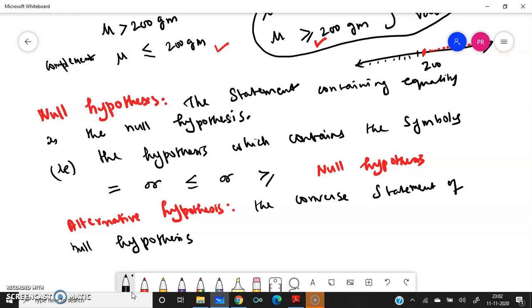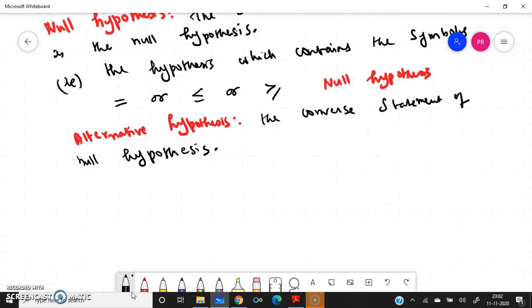The converse statement of null hypothesis is known as the alternative hypothesis. Can you say the converse statement of the previous one? What is equal to's converse? Equal to's converse will be not equal to, right?